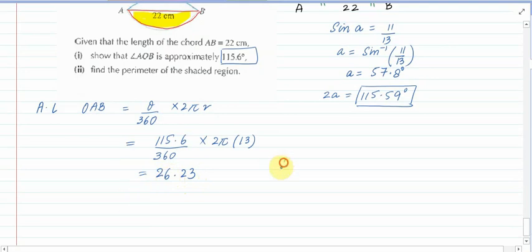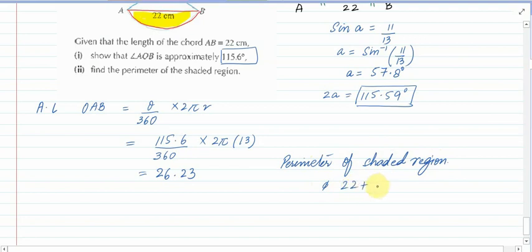So the perimeter of the shaded region is basically the length of AB, that is 22, plus 26.23. Now if you add them, it will be 48.23 and the unit is centimeter.